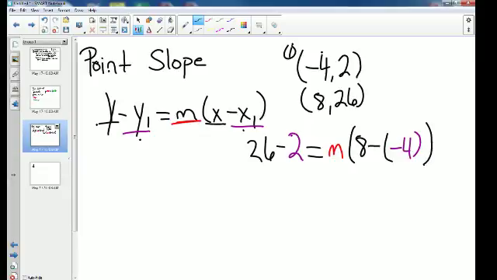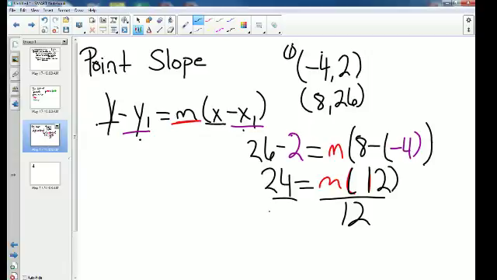So you'll have 26 minus 2, which is 24, is equal to m times 8 minus -4, which is 12. Now you just solve for your slope. You'll divide by 12 to isolate m, just basic algebra. 24 divided by 12 is 2, so 2 is equal to m.